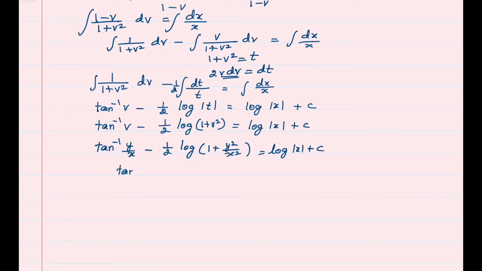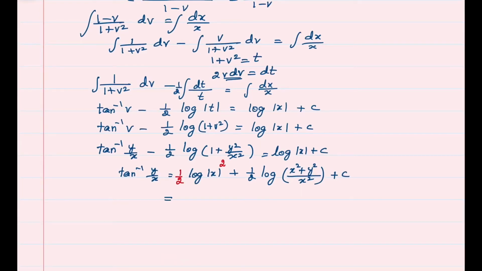Therefore, tan inverse of y by x is log absolute value of x. We are taking this log term to the other side, plus half of log of, taking LCM x square, we get (x square plus y square) and plus c. To combine these two log terms, we need half here, so we will raise it to 2. Therefore, half and 2 will get cancelled.